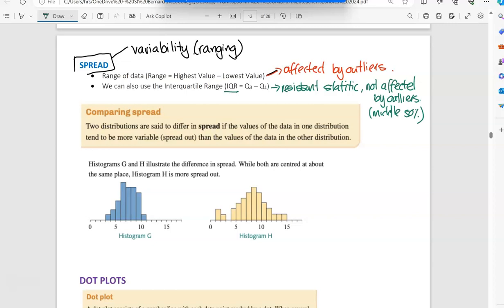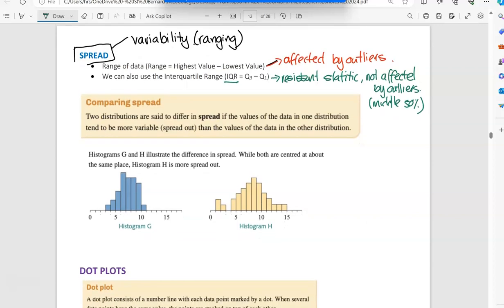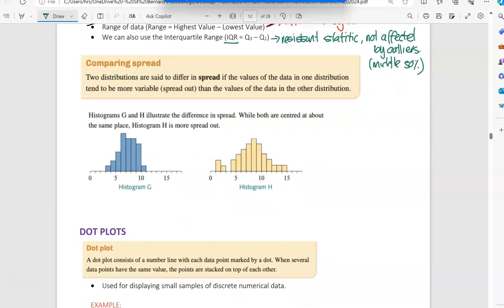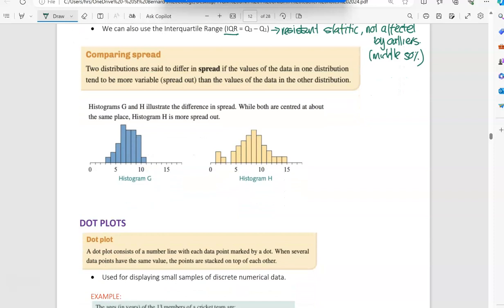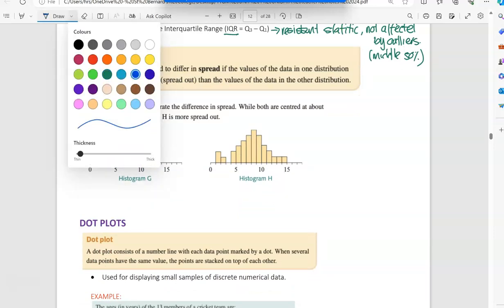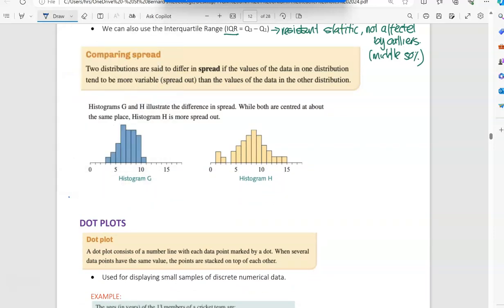Okay, so comparing the spread, here we go. If we were just going to compare this spread, this one's 3 and this one is 11. I'm just going to compare the ranges here because I'm not going to work out the interquartile range. So this one's range would be 11 minus 3, which is 8.